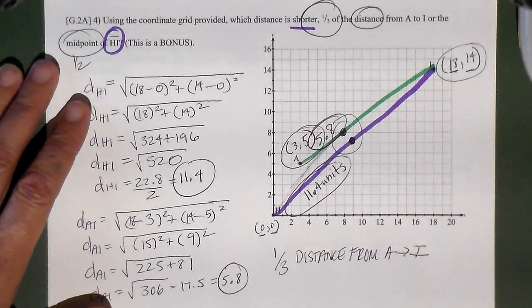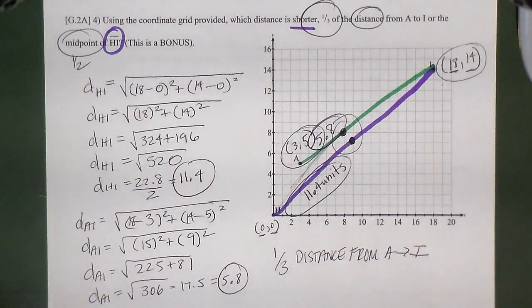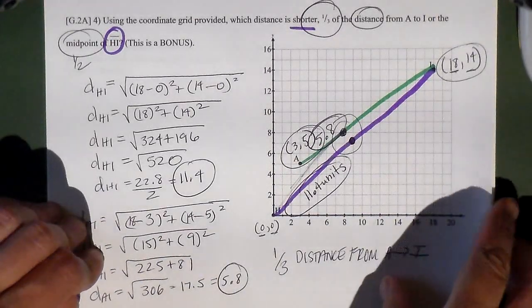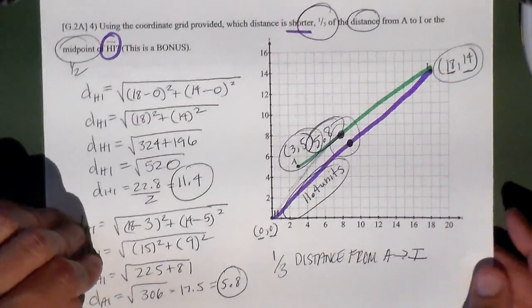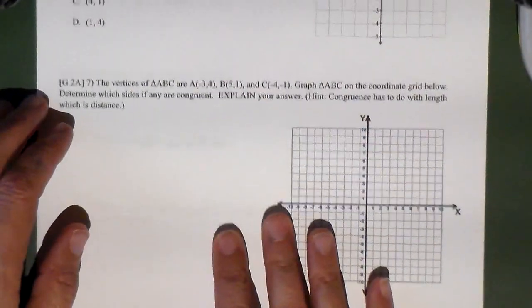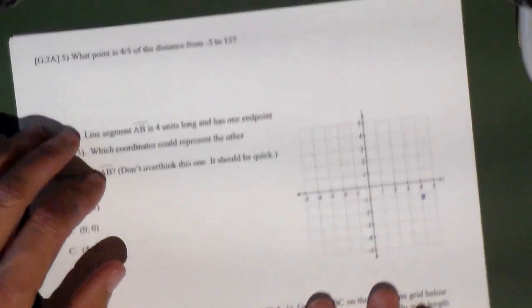So it was kind of misleading, but I looked at what approach you took. But a lot of people, you didn't put which one was shorter, you put which one was longer. And some people just made some errors in their calculations with arithmetic. So make sure you're careful with your integer values, okay? So that's the bonus. Now let's go on and do this one here.